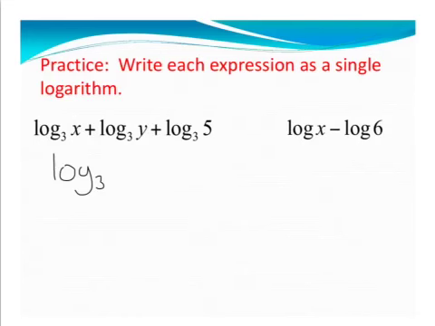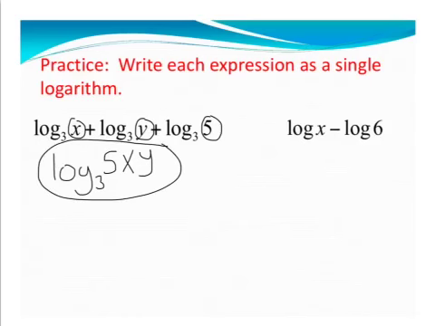So I'm going to have x times y times 5, and I'm going to rewrite it as 5xy. Usually we don't see a 5 trailing at the end. That would look kind of funny. So this would be our final answer. We're just condensing and expanding, depending on what the problem asks. Here we're asked to write it as a single logarithm, so that means we are condensing.